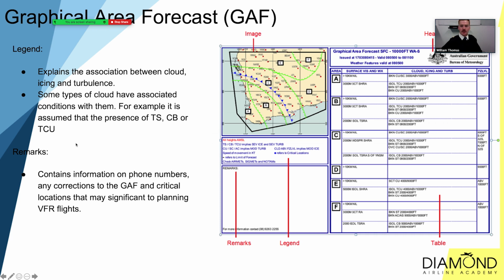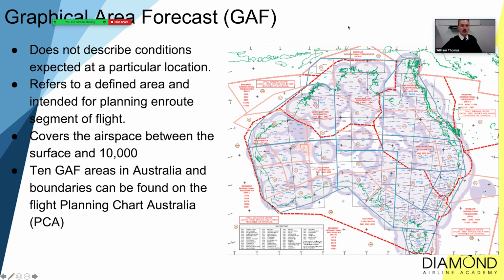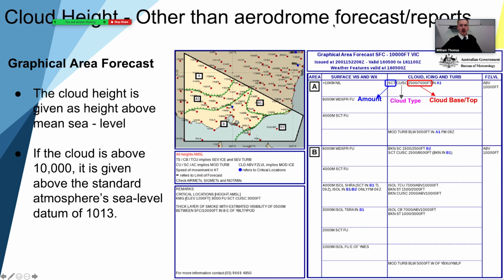I think the best way to get a handle on what we're looking at is to simply move through some examples. All right, so what are we seeing? The cloud height. Let's take a look at cloud height, given above mean sea level. So different to in a TAF, in a METAR, when we're given cloud above the aerodrome level.